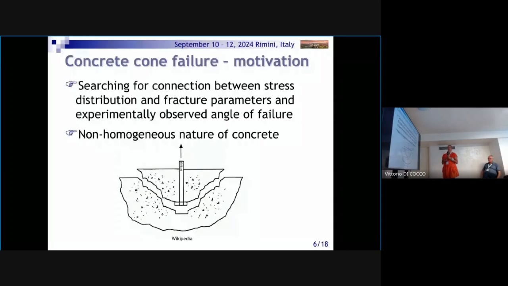In the literature, there is an angle of about 37.5 degrees, and we try to find explanations, some stress distribution or some fracture parameter that would explain why the crack propagates in this direction. As you know, concrete is a very non-homogeneous material, so crack propagation in such materials is very complicated. So we had to make some simplifications in our pilot studies.